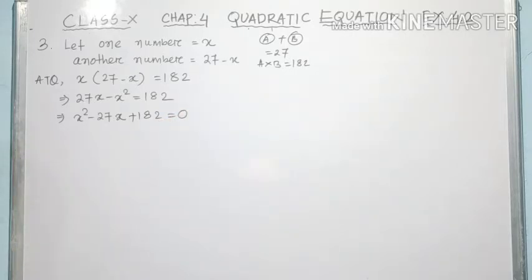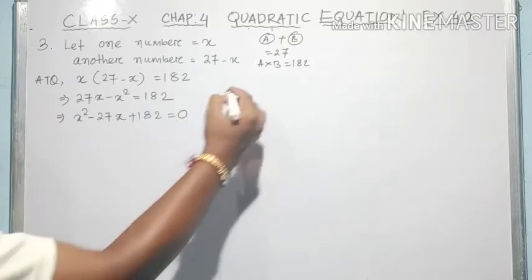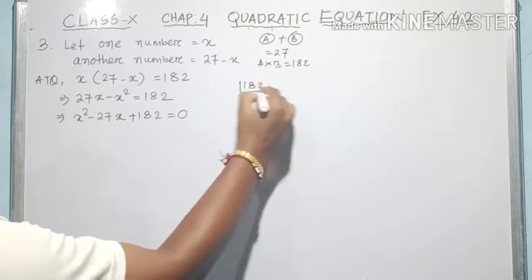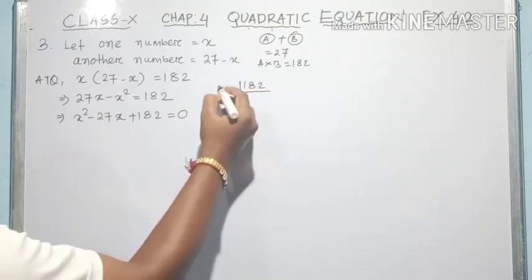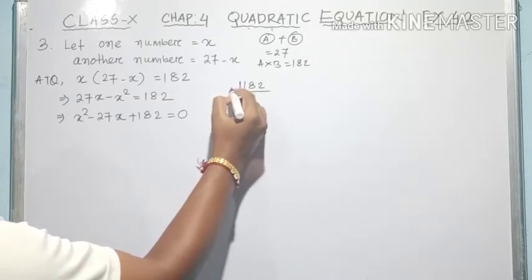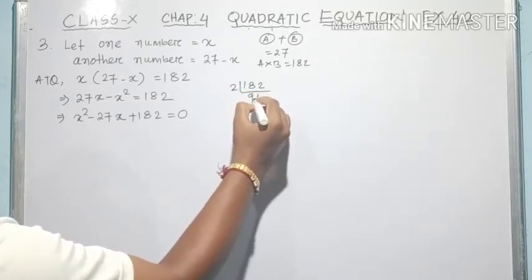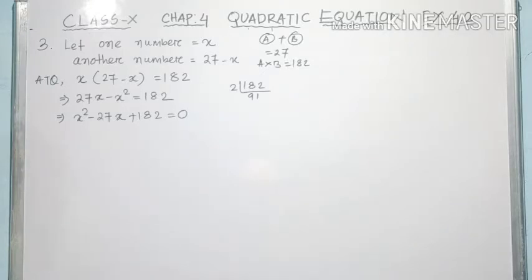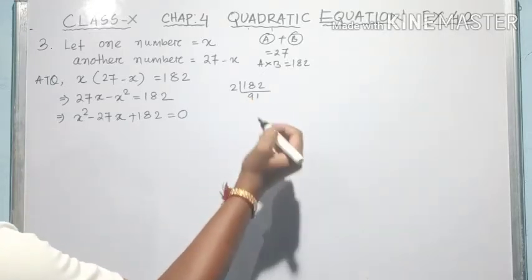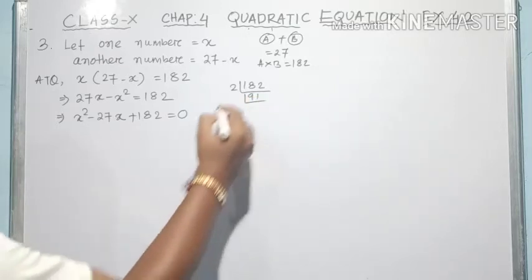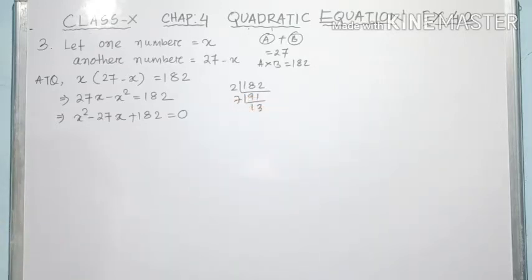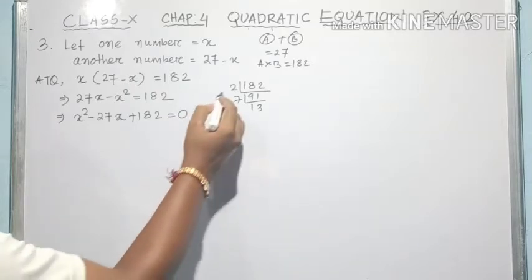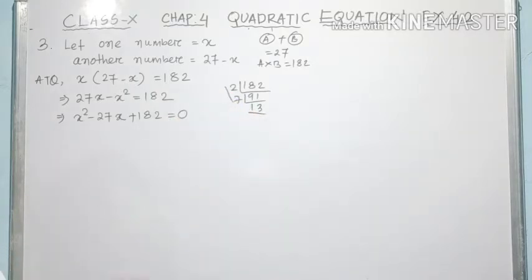Now we have to find two integers such that their product will be 182 and their sum will be minus 27. To get these integers, let's factorize 182, so the two integers are minus 14 and minus 13.